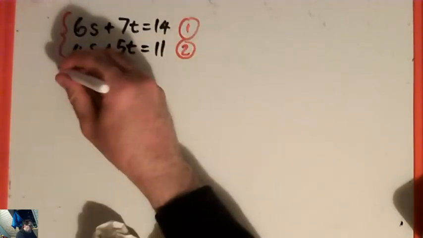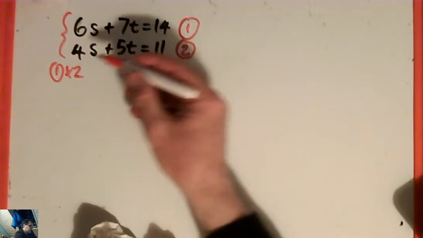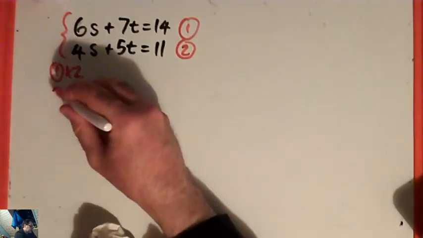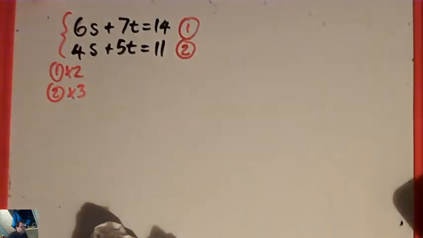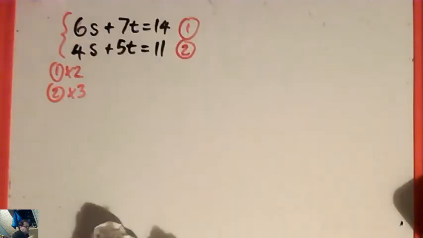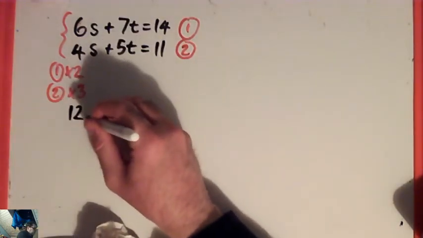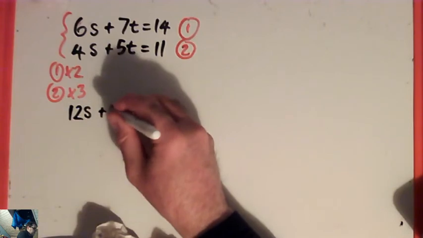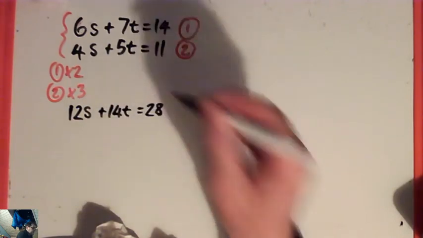So I'm going to take everything in equation 1 times 2 and everything in equation 2 times 3. So equation 1, 6s plus 7t equals 14. Multiply everything by 2 and that becomes 12s plus 14t equals 28.